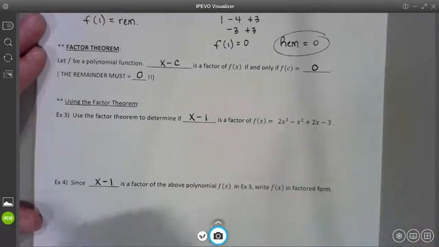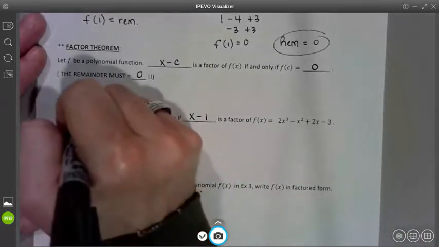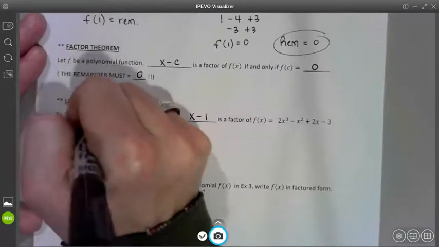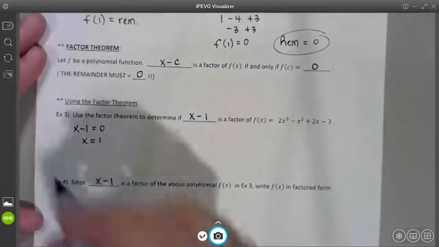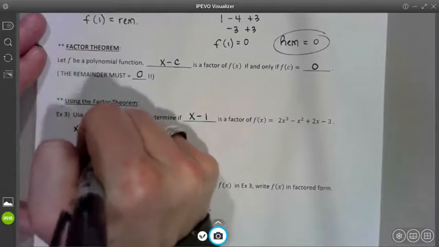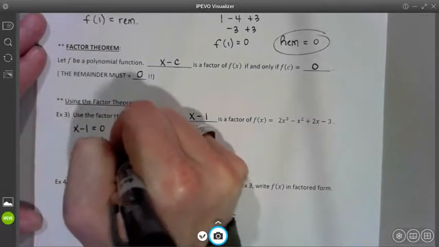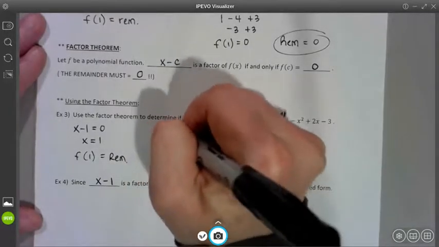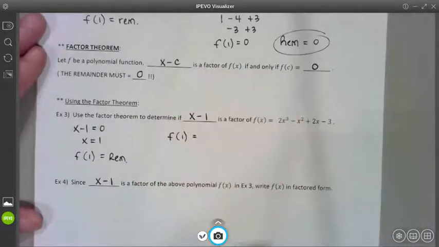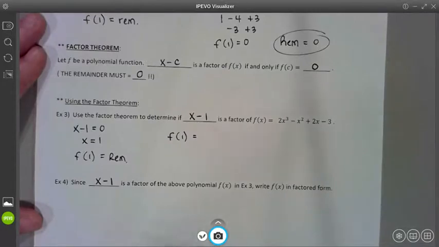Is it 0? We can use the remainder theorem. All right, so I think I'll do that. So x minus 1 equals 0, x equals 1. So therefore, f of 1 is going to equal my remainder. So let's plug 1 in and let's see if I get 0 out. Because if I get 0 out, then I'll know it's a factor. I'll know the remainder is 0.